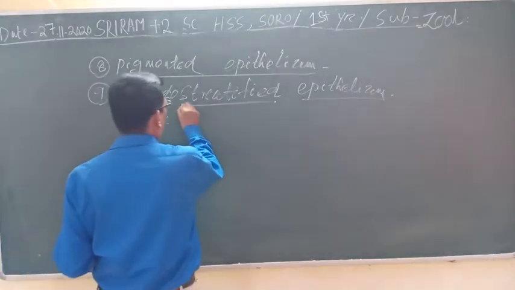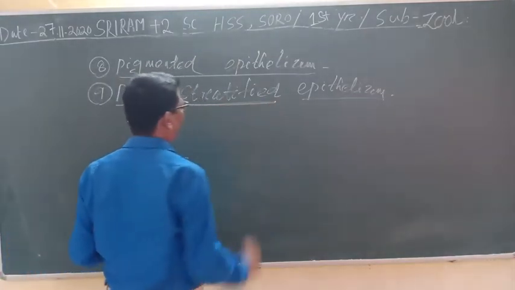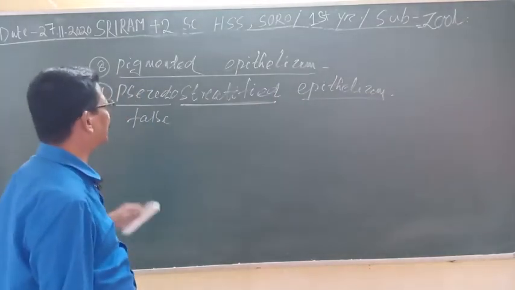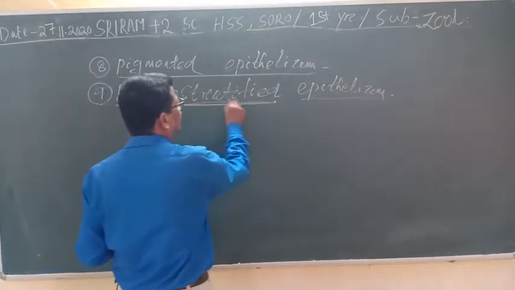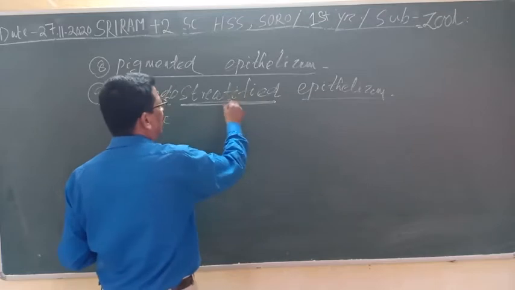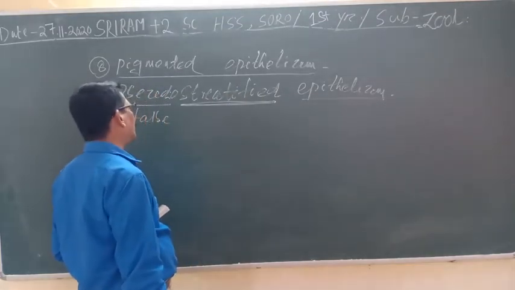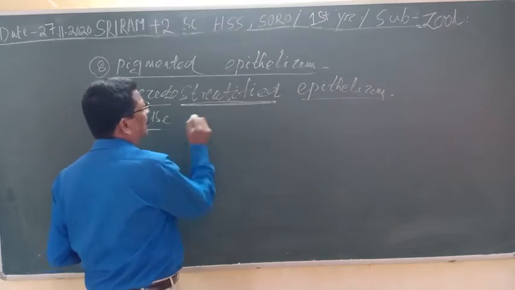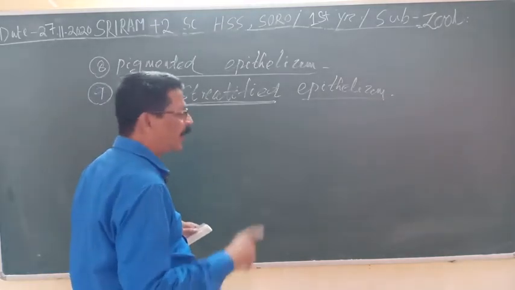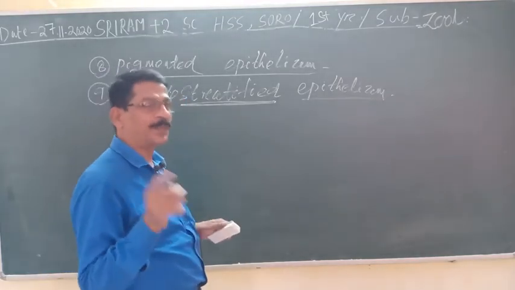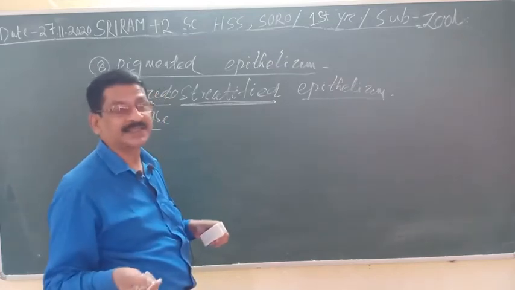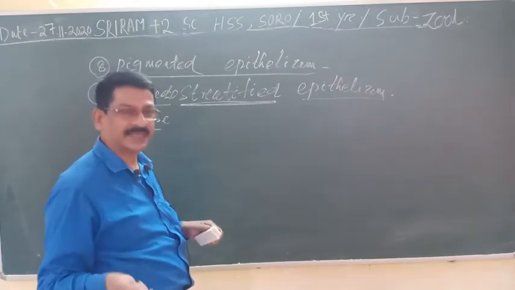Pseudo means false, and stratified is the name of a compound epithelium. Clear? But it is a false compound epithelium. That means actually it is a simple epithelium, but it appears compound.